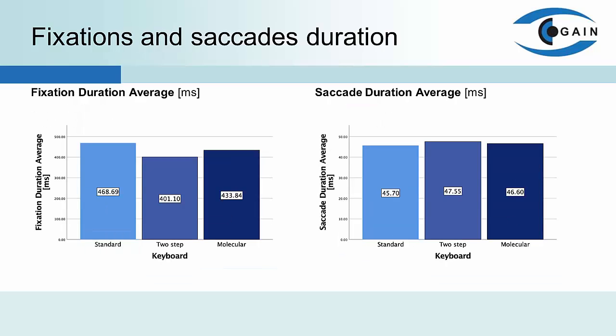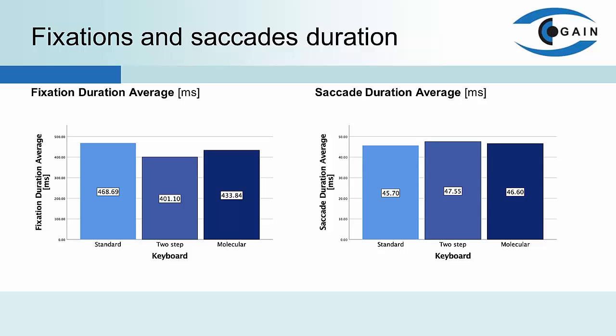We also checked some standard quantities characterizing eye movement: fixations and saccades average duration and scan path length. Statistical tests did not confirm that they differentiated various gaze keyboards.